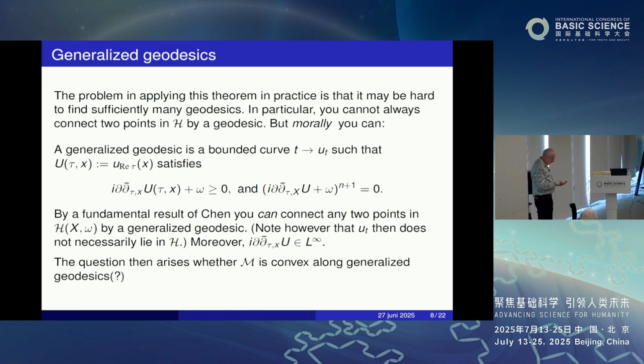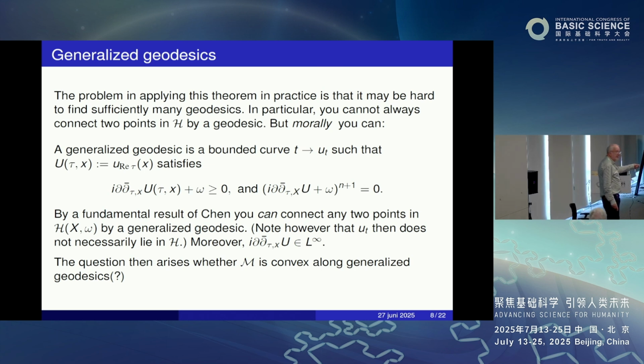functions. And now there is a fundamental theorem of Chen that says that you can connect any 2 points in this Mabuchi space by a generalized geodesic. But the drawback of this is that U of t does not necessarily lie in the space.